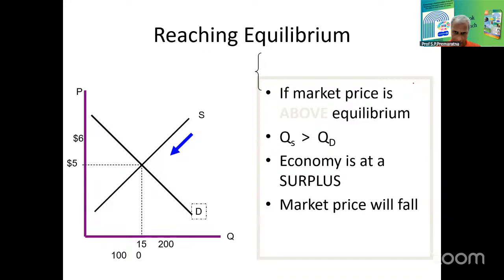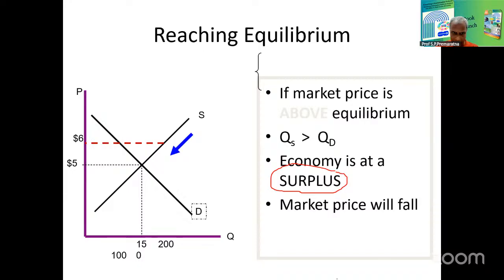Someone also asked a question: if you keep other things constant and the price is above the market price, we know that it creates a surplus, we learned that. But within the market system, without intervention or government control, the price gradually drops down and settles again at the equilibrium level.